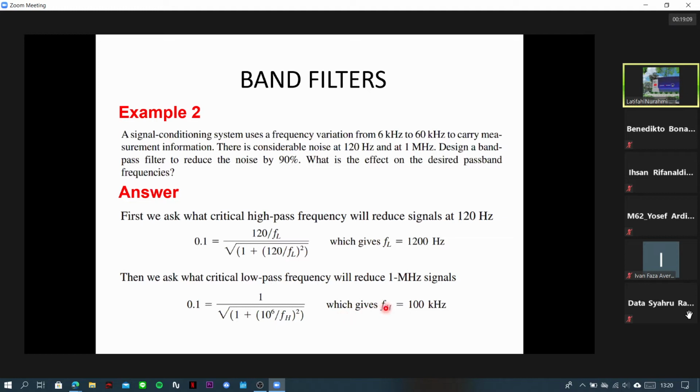It gives us 100 kilohertz for the higher frequency limit. Now, what is the passband frequency? The passband frequency is between 1200 hertz up to 100 kilohertz. This is what we call the passband frequency.